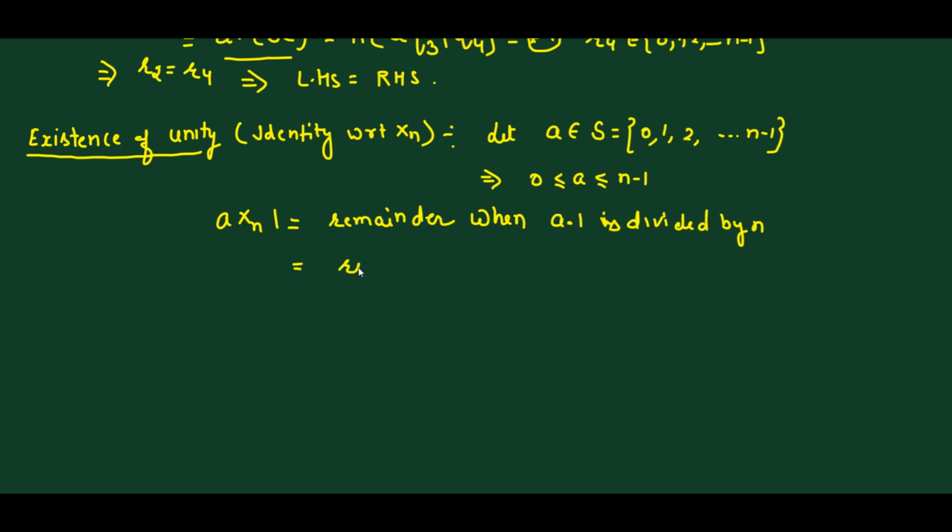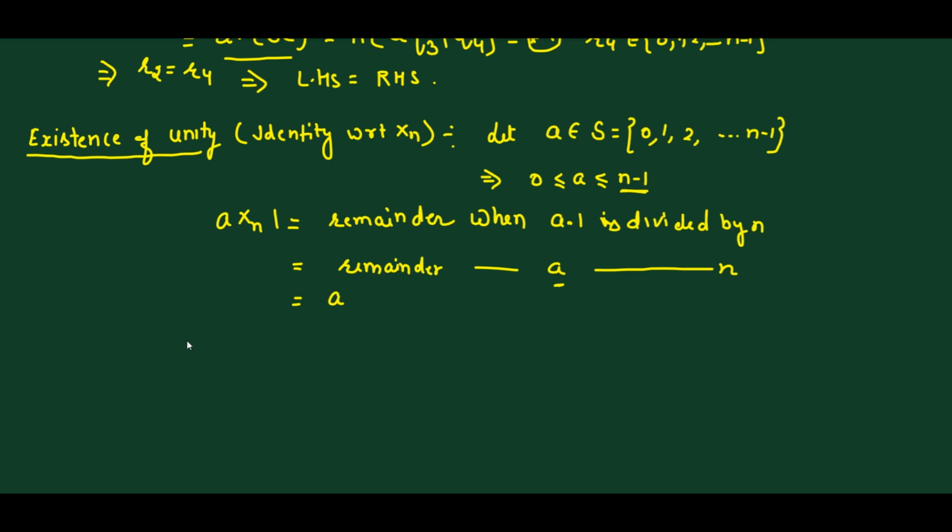This is the remainder when a into 1 is divided by n, and you know that a is an integer less than n. If you divide a number smaller than n by n, what is the remainder? The number itself. So a is the remainder itself because a is less than n.